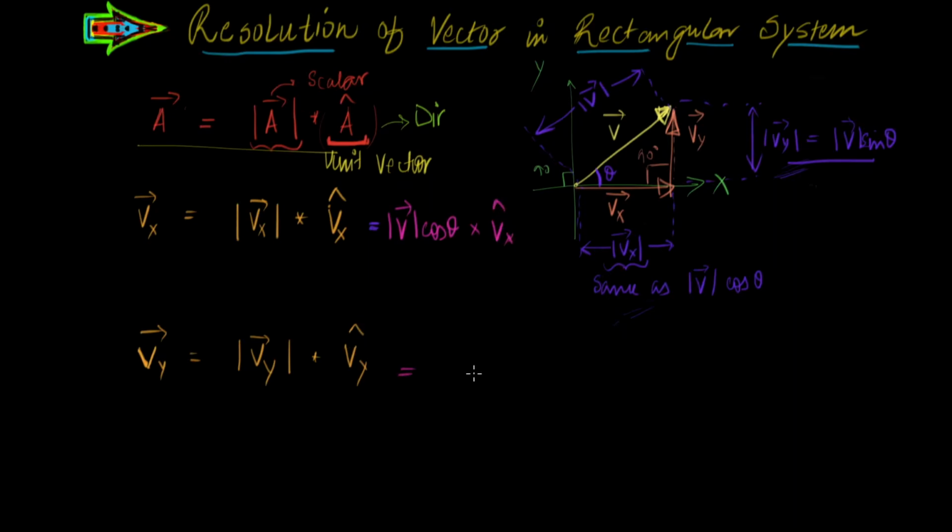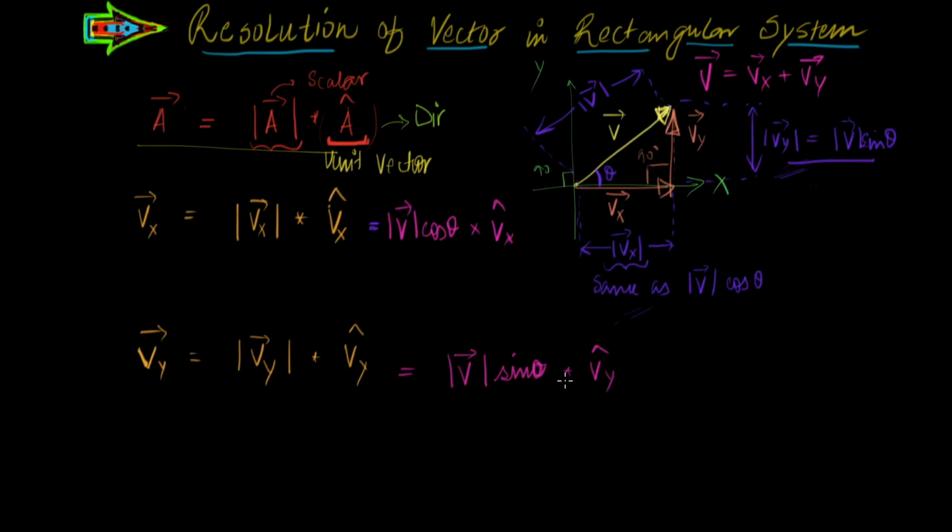And similarly, this would be the modulus of v times the sine of theta times v sub y's direction. So this is how it could be written, and let us have our expression of v here. Let us write it at some corner so that we don't forget it. So we have expressed v sub x and v sub y like so.